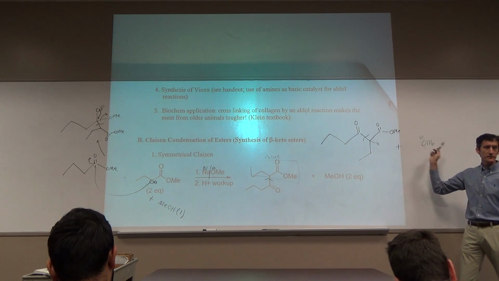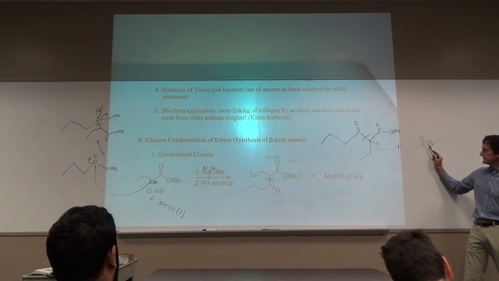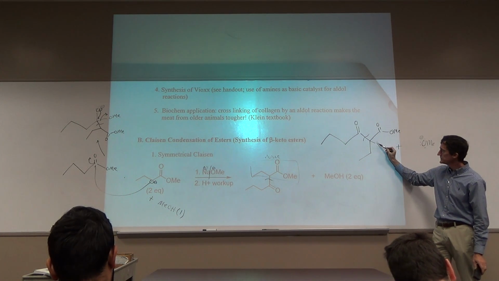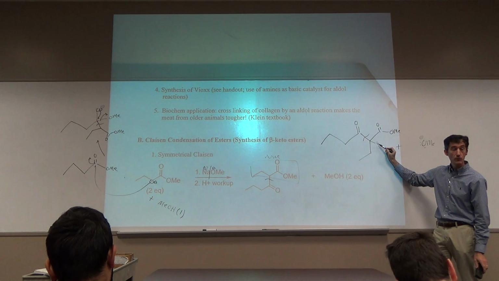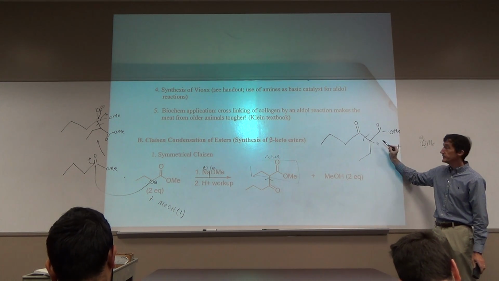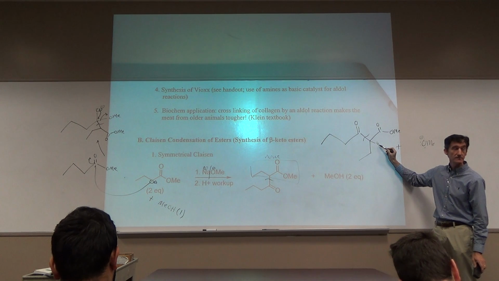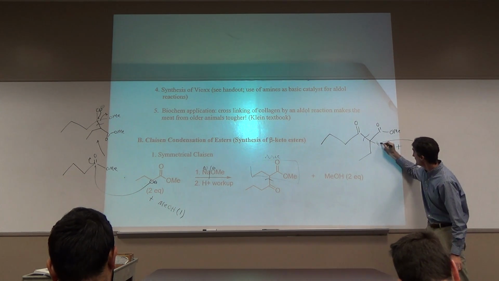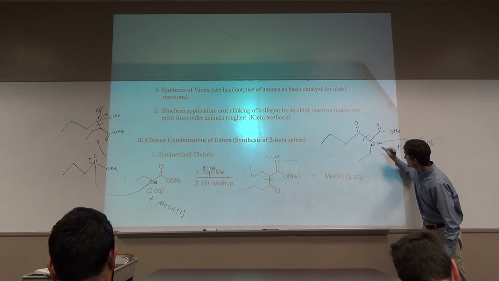So that takes that. This is not the end of the first step because that's a base. So this H, how acidic is that H? Pretty acidic. Pretty acidic why? Because it's between the two carbonyls. This is a fairly acidic H. It's about pKa 10 to 12. This guy is going to take the H, leave the electrons behind.